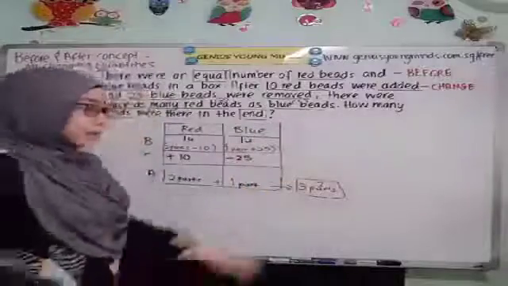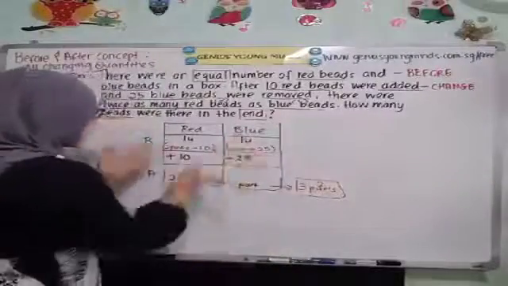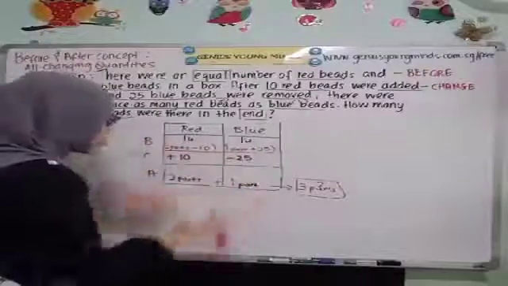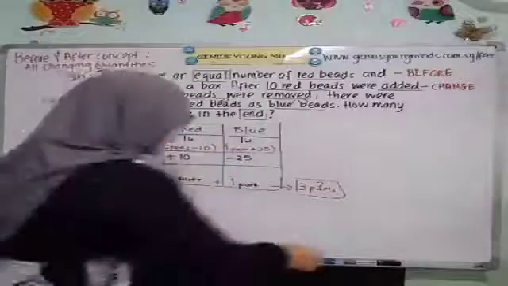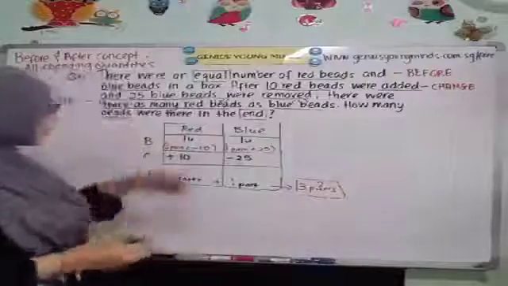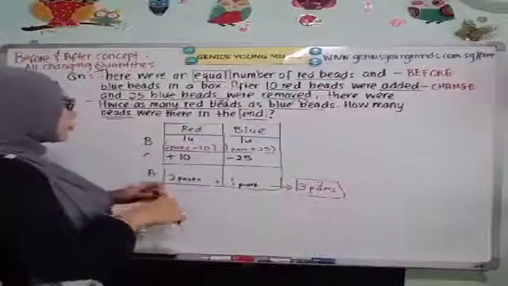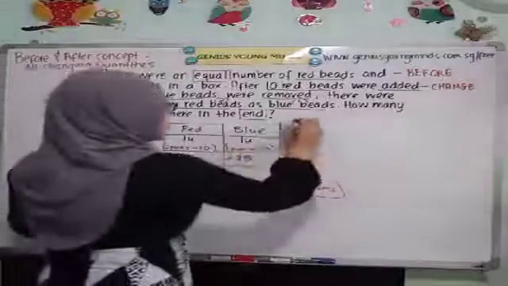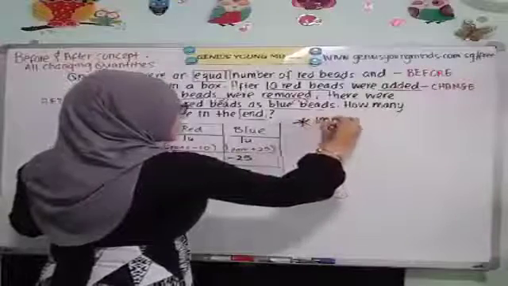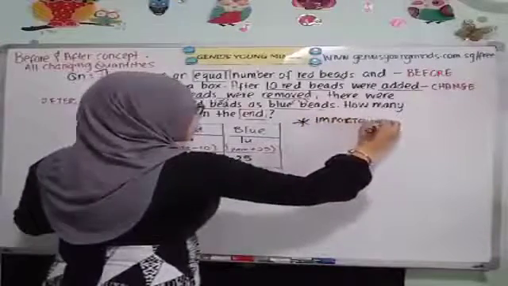Now, I want you to visualize. If you cannot visualize, I'm going to draw the model to tell you what is going on here. What am I going to do with the information? Okay? Alright? I want to find 3 parts here. So I'm going to draw out the model. Before I draw the model, this is a very important thing to take note of.